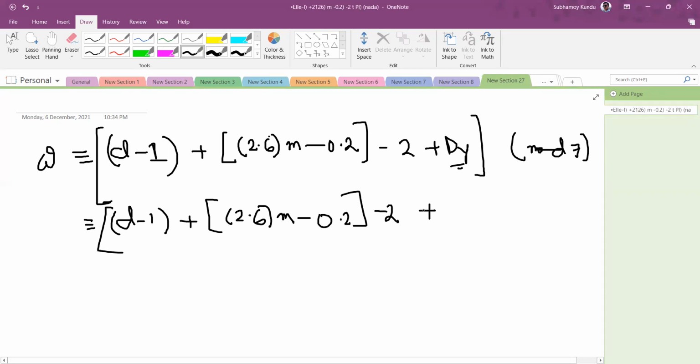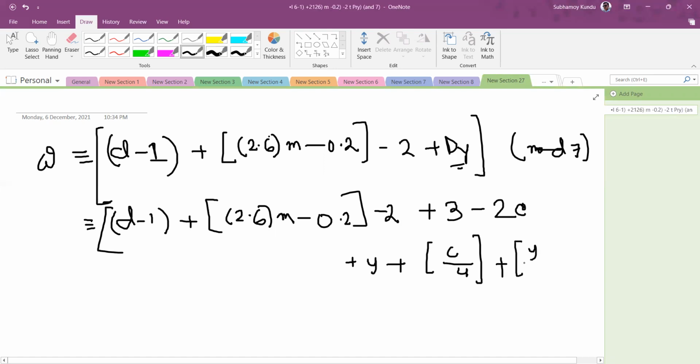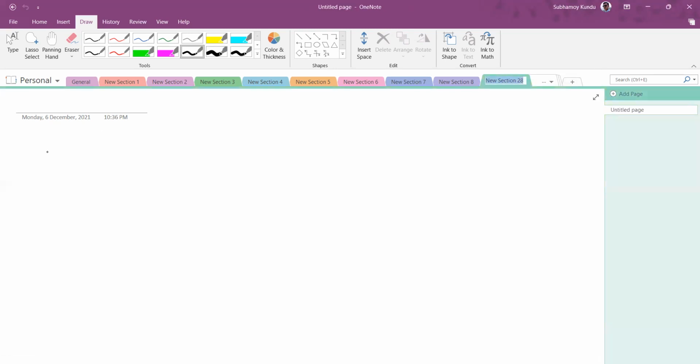This dy was nothing but 3 minus 2c, where c means the corresponding century, plus y plus c by 4 plus y by 4 mod 7. I've been using the square bracket for floor. That means the whole thing reduces into this.